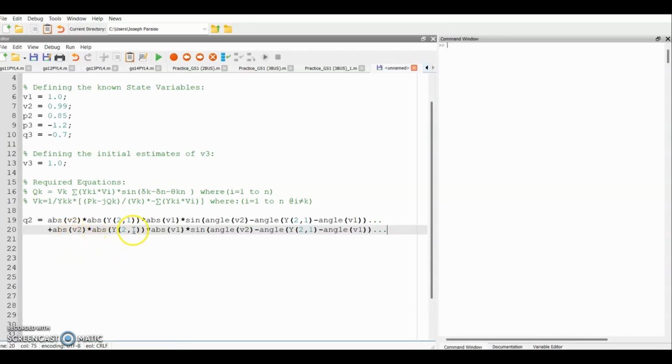E2 Y22 times E2 times sine of angle B times angle Y22 minus angle E2.